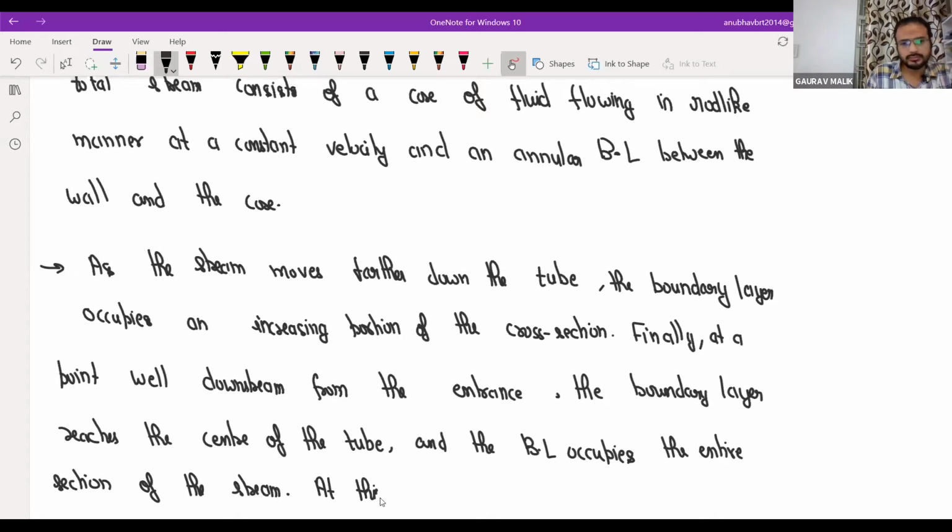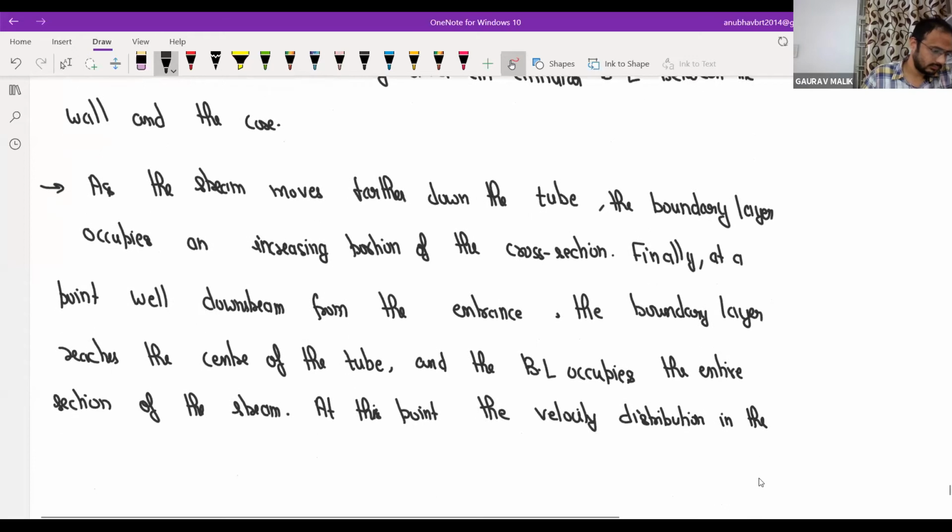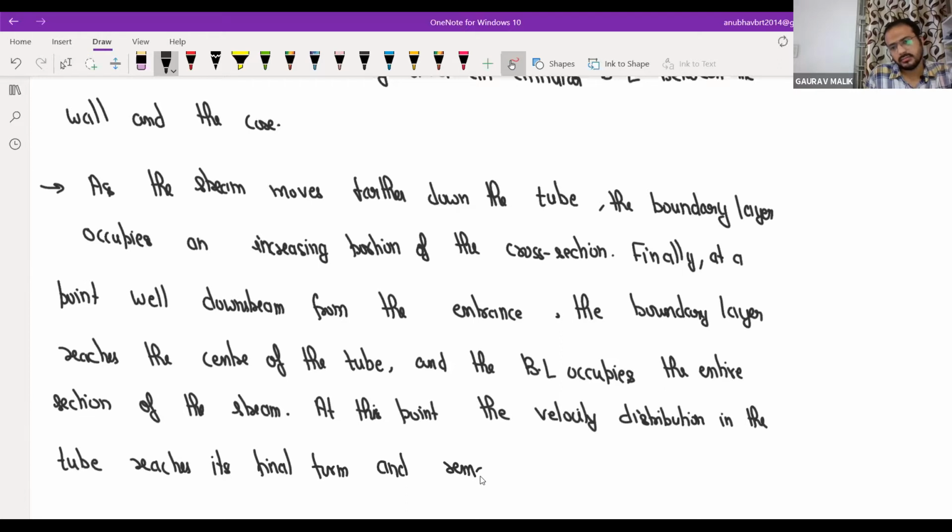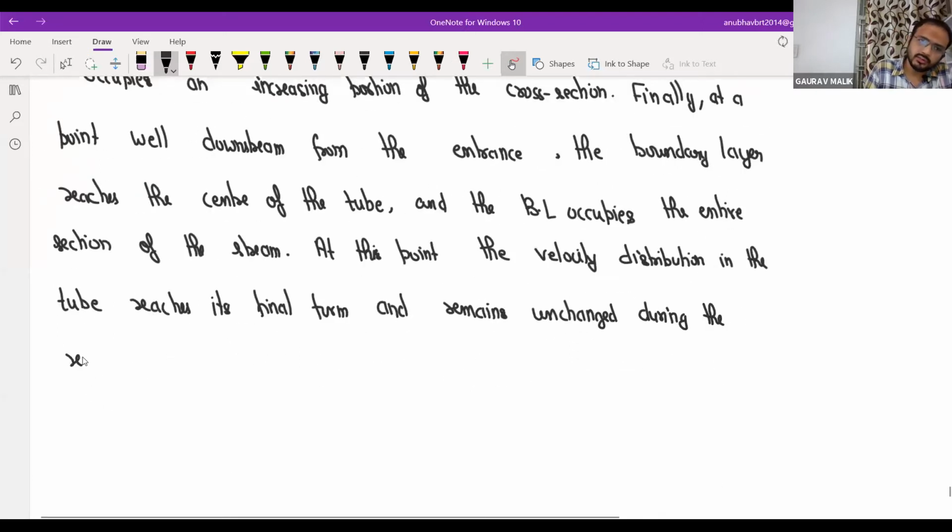And at this point, the velocity distribution in the tube reaches its final form and remains unchanged during the remaining length of the tube.